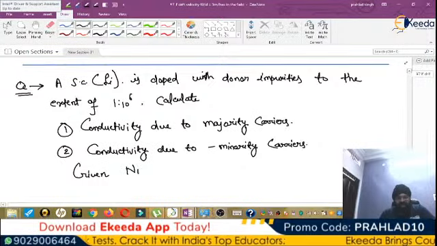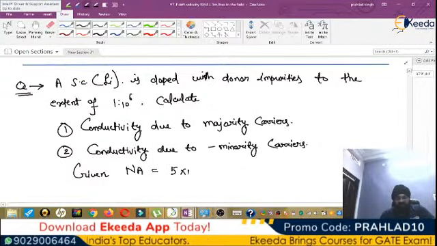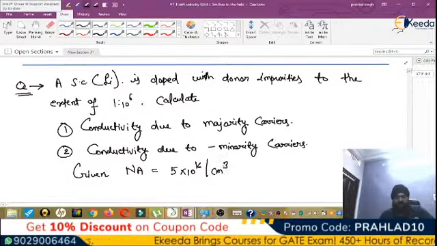It's given the ion concentration as 5 into 10 to the power 16 per centimeter cube.